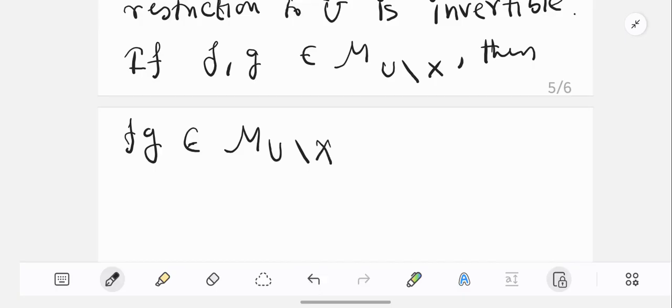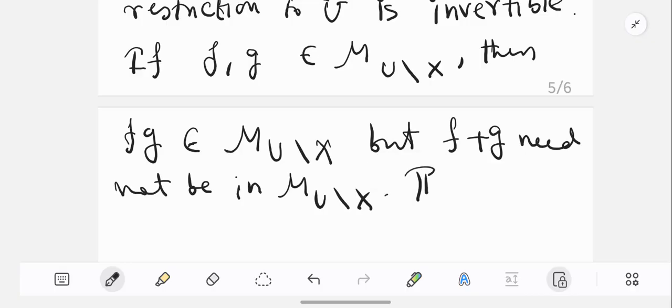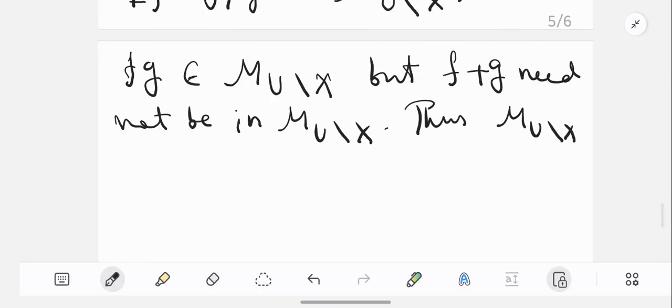But their addition need not be here, need not be in M_{U/X}. Thus M_{U/X} is not a sheaf of rings, but it is a multiplicative submonoid of O_X.